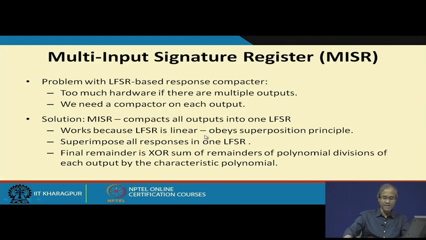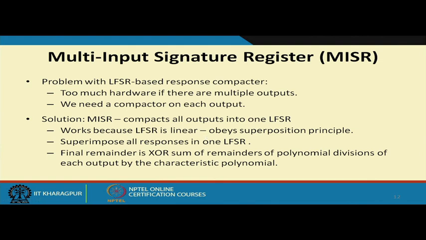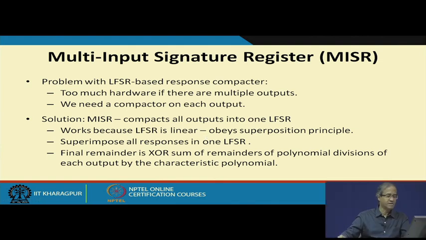So, the multi input signature register is just an extension of this concept, because the method that we have discussed is able to compress only a single bit stream. If there are multiple bit streams, multiple outputs, you need one such LFSR for every output. So, you go for something called a multiple input signature register, which is called MISR in short. Here we compact all the outputs into one LFSR together.